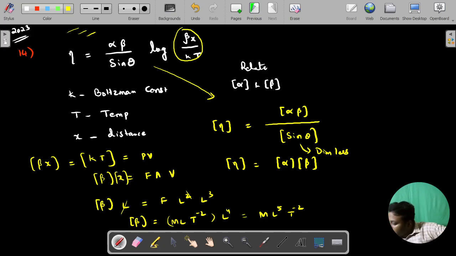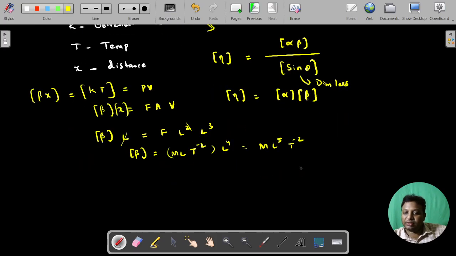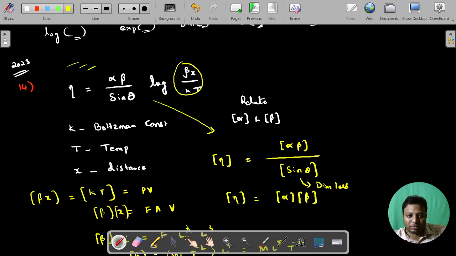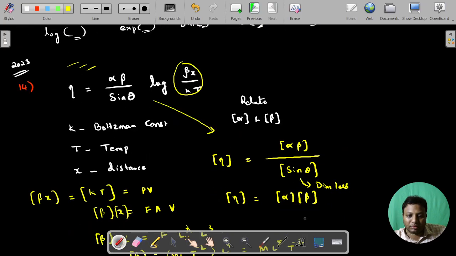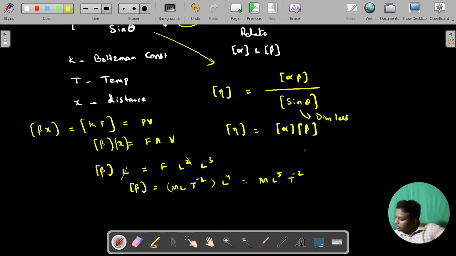Now, nothing is mentioned about the dimensional formula of eta. So, eta is directly stated. Okay, eta is said as efficiency. I misspelled that one. Eta.